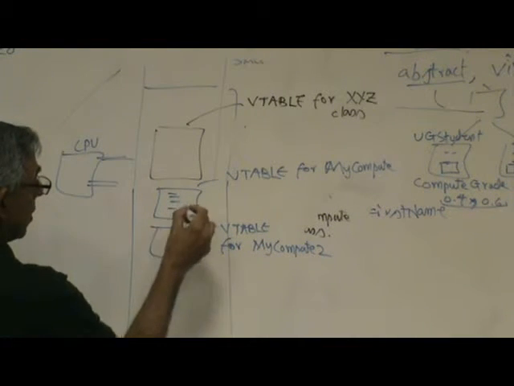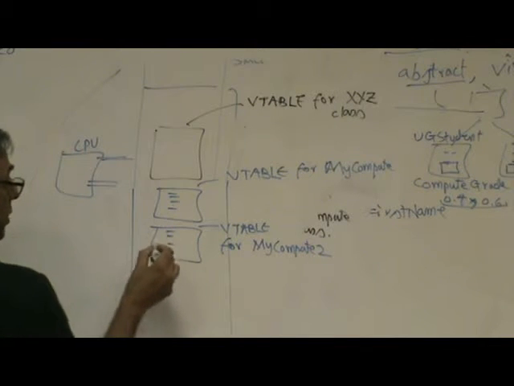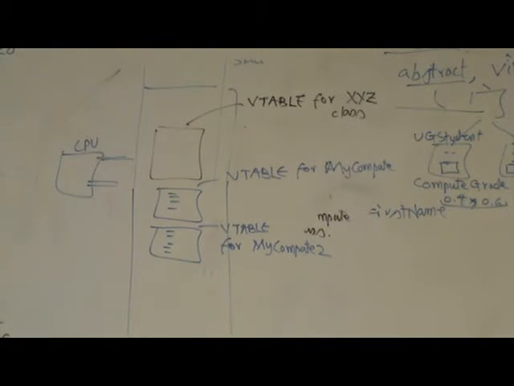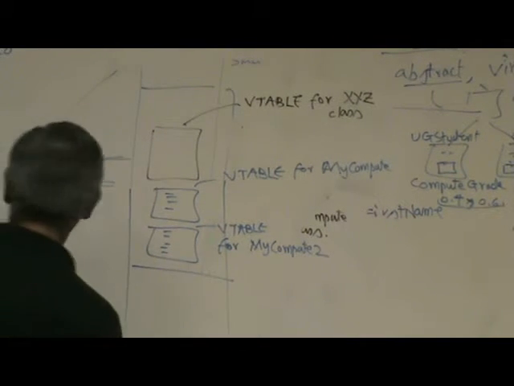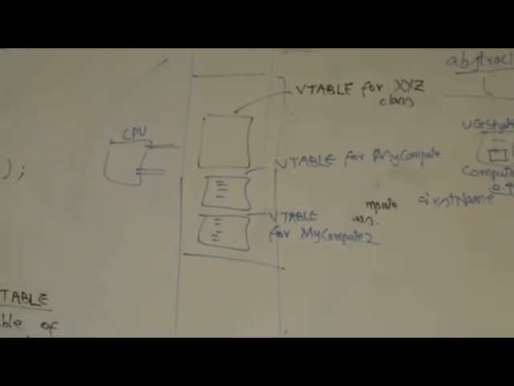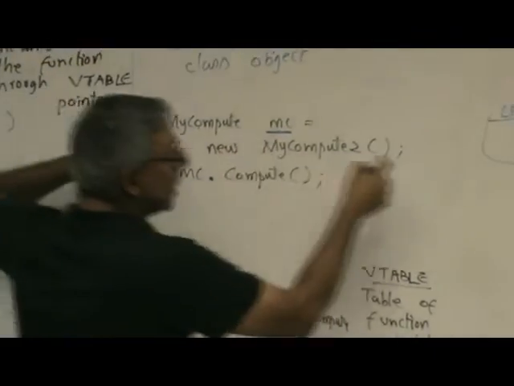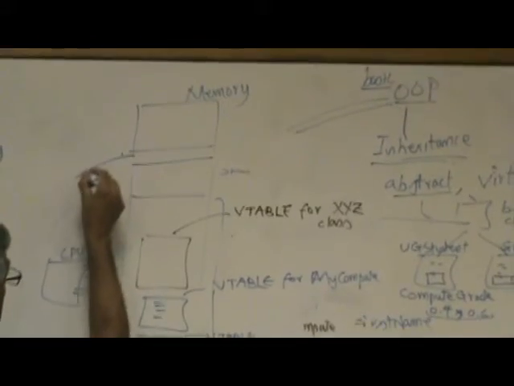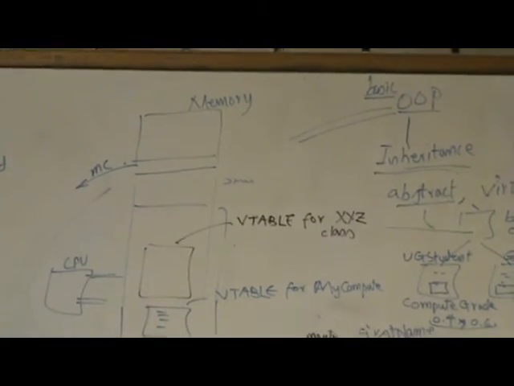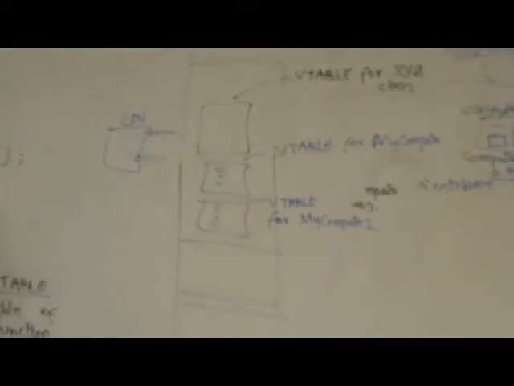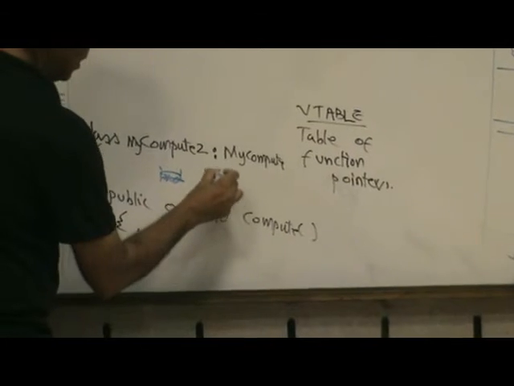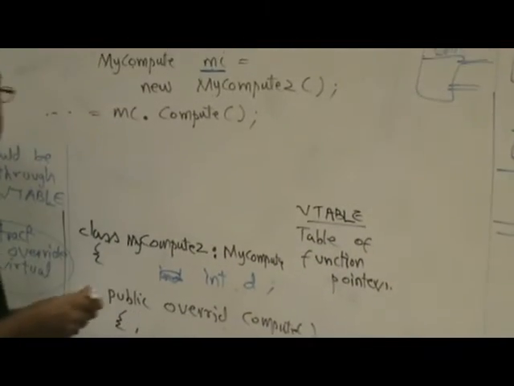Each one of these has all the pointers pointing to the real code for each function, right? Okay, and now if we did this MyCompute MC, what will happen? MC will be allocated, correct? New MyCompute2, so suppose there's also additional memory for D as an example.